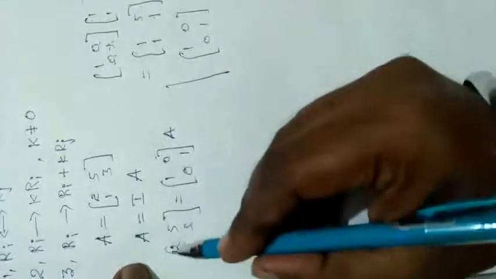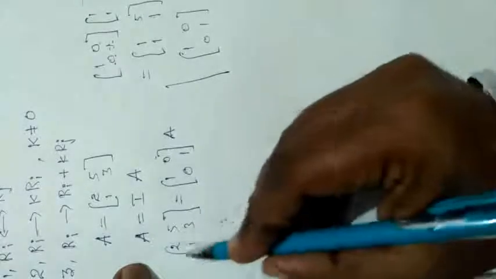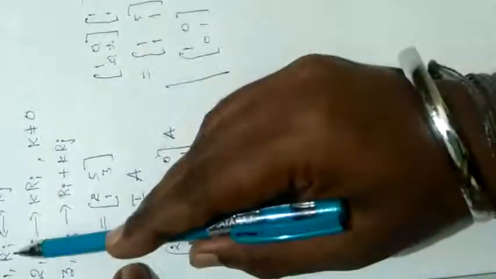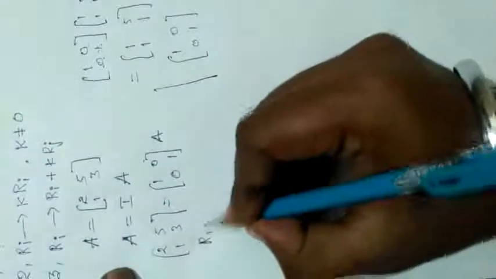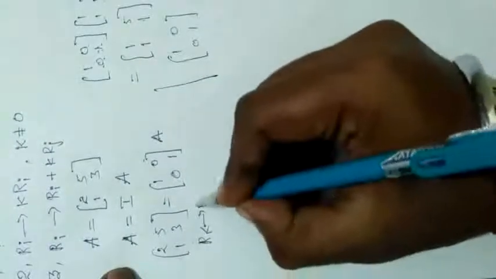So now interchange these two rows, because I want to make this element 1. If I interchange these two rows by using the first transformation, I am going to send R1 to R2 and R2 to R1. So this one I can shift over here, so 1 and 3 and 2 and 5 here.